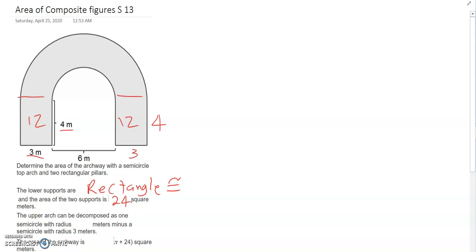The upper arch can compose a semicircle with a radius of, okay, so if this is 6, this would be 9, so a radius of, oh wait, the whole thing is 6. Let me break that down a little bit better for us. So 3, 3, 3.